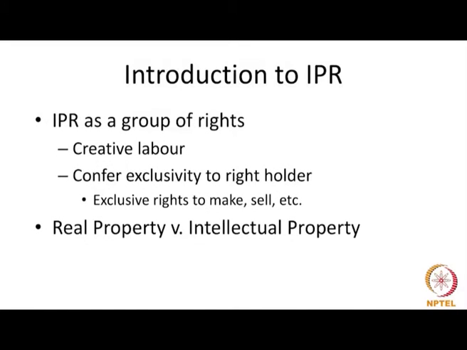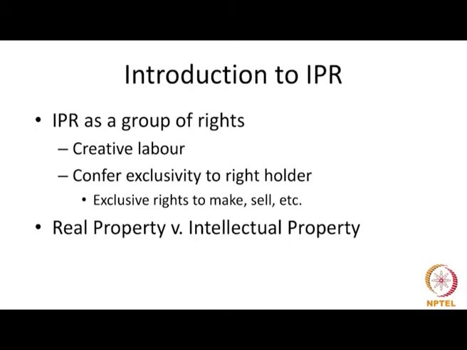So, we can come across various explanations. One of the predominant explanations, which is a classical one, is that these rights came out of some form of creative labor. Now, creative labor is something which we understand as being different from physical labor. So, when creative labor resulted in certain rights, those rights could be captured by these regimes.